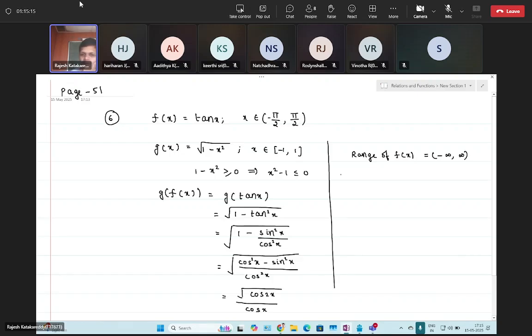Now the domain of the function g of x is -1 to +1. So the range of f is neither a subset nor equal to the domain of g. This implies g composition f is not defined.